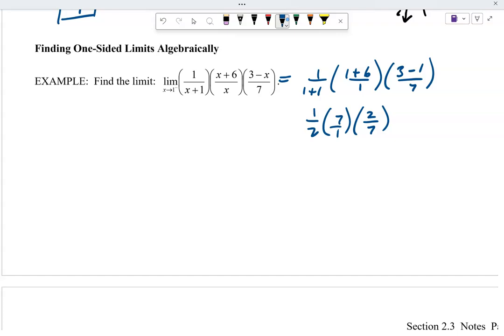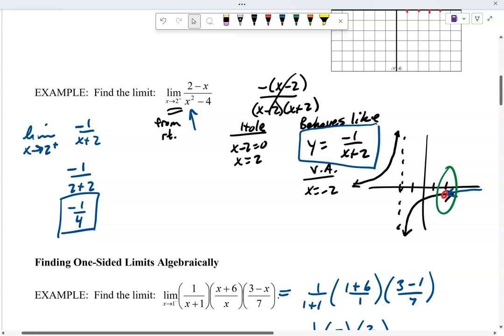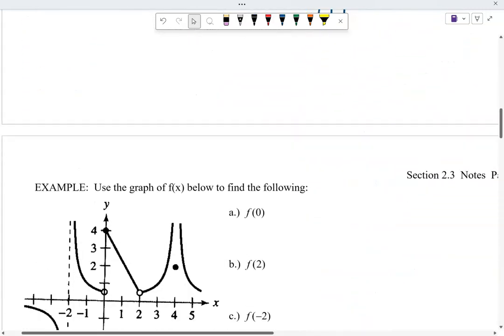Looks like I end up with 14 over 14, which is 1. So this one-sided limit, sure enough, you can just plug it in and it'll be okay. Now the question is, what about if we get a 0 on the bottom? Well, that's similar to this up here, where you're going to have to manipulate that thing algebraically. All right? So let's do some more one-sided limits.